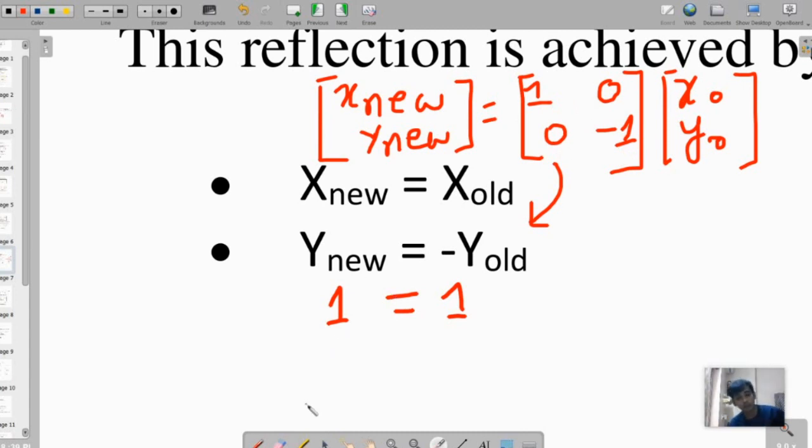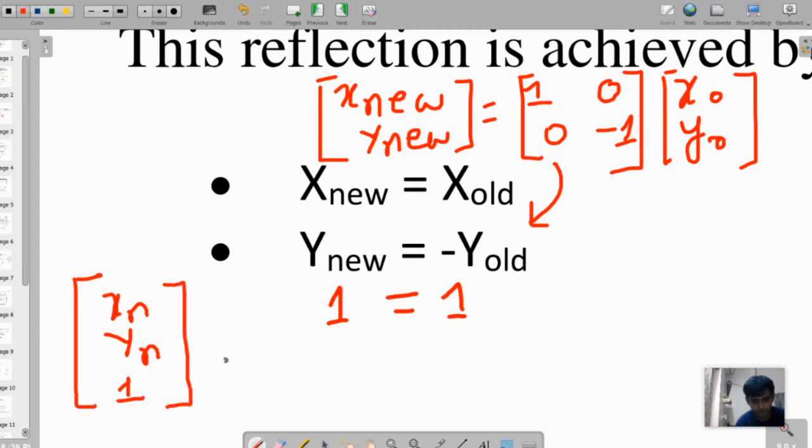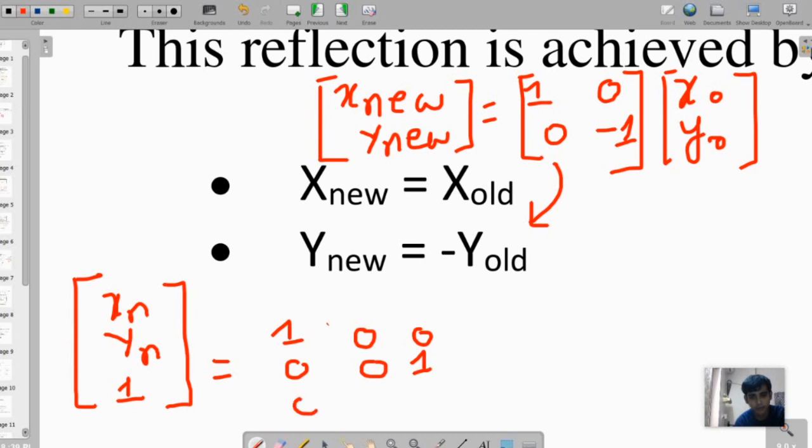Now, if you want to formulate the same thing for the homogeneous coordinate system, you will have something like x new, y new, and 1 equals the matrix 1, 0, 0, 0, minus 1, 0, 0, 0, 1.